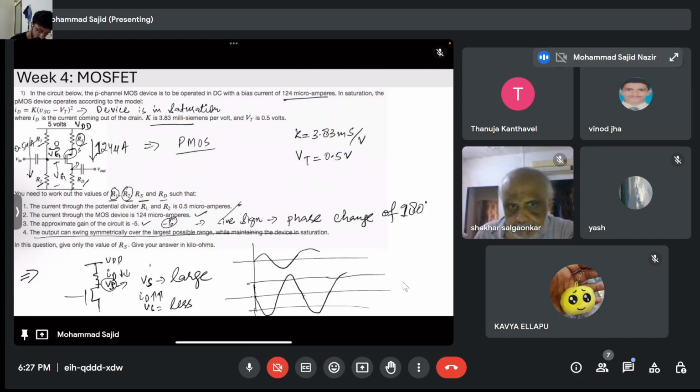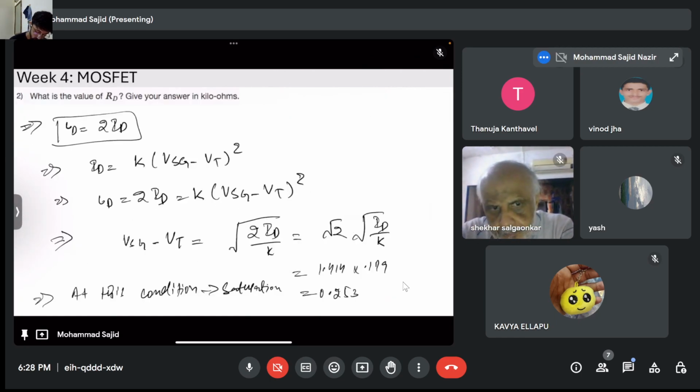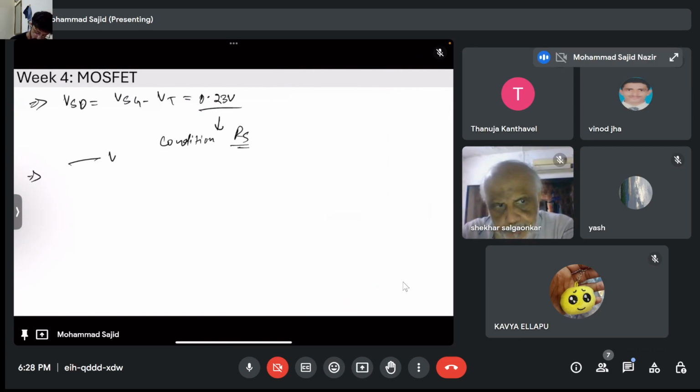Now we have to calculate this RS resistance such that at this maximum current the device is still in saturation. So we'll write a KVL. So I have here this VDD, I have here this RS and RD. This is grounded, this is S, this is D.